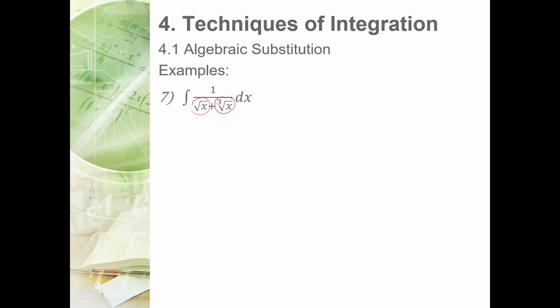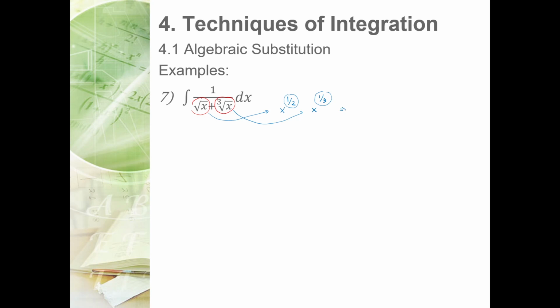So for example, this is x to the power of 1/2, and the other one is x to the power of 1/3. What we're going to do is get the LCD of these. Or to make it easier, just multiply these together, right?